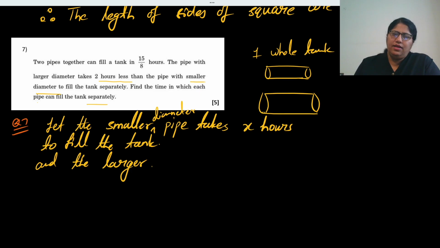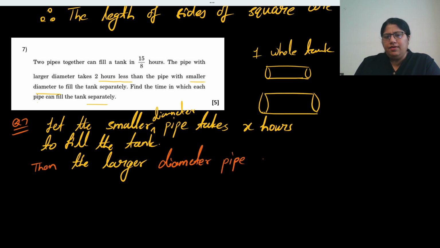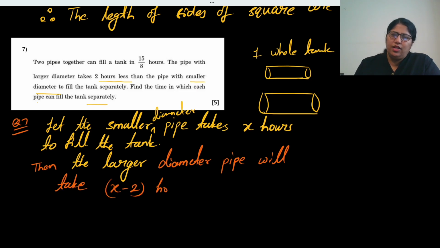Because the larger is depending upon the smaller diameter pipe, the larger diameter pipe will take how many hours to fill? Because it is 2 hours less, if the smaller takes x hours, it will take x minus 2 hours to fill the whole tank, right?